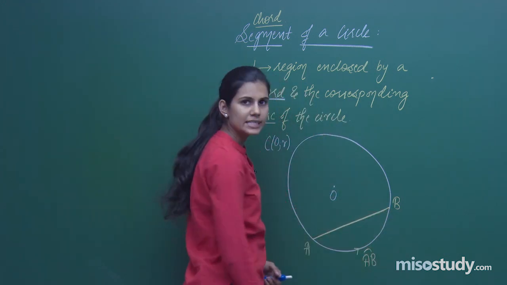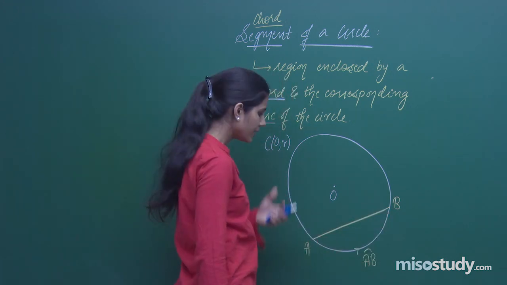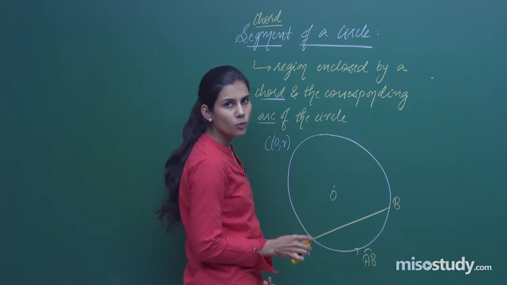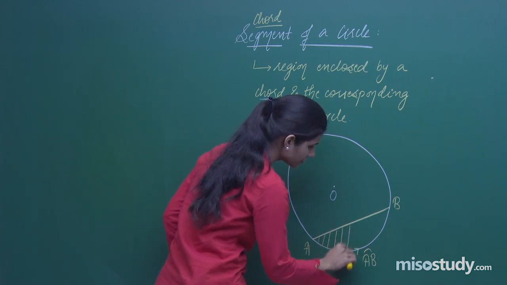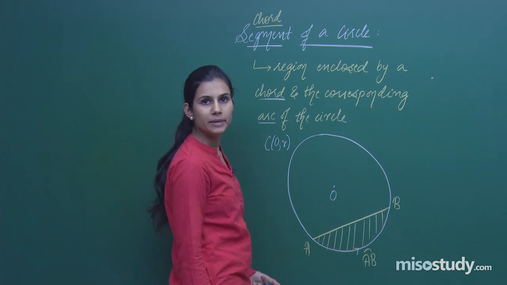This chord is actually having AB arc as its corresponding arc. If I am reading it as the AB chord, then the region which is bounded by this chord and its corresponding arc is this region, and this is known as the segment.